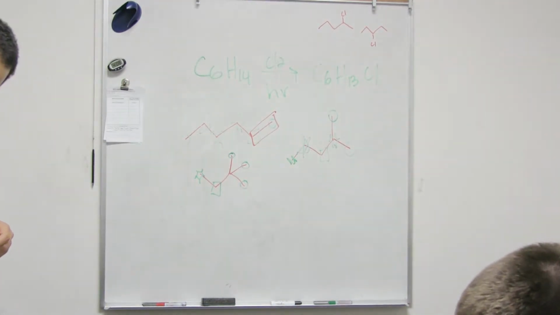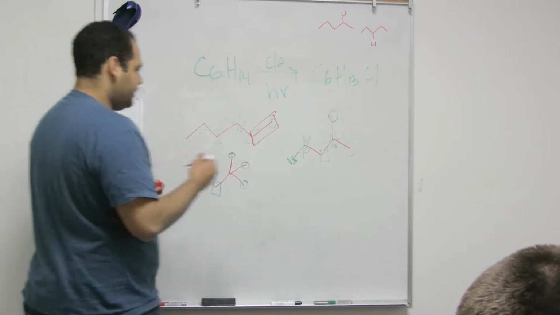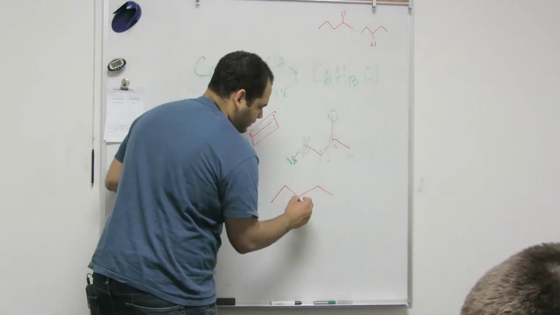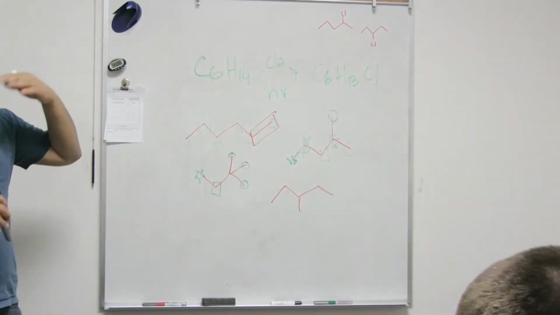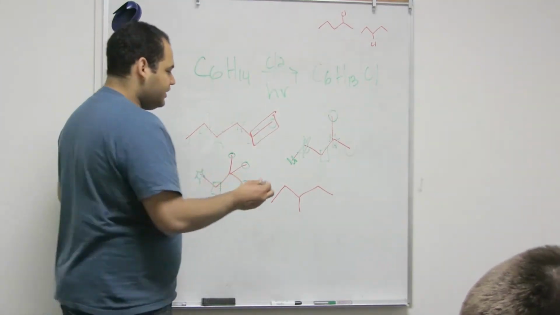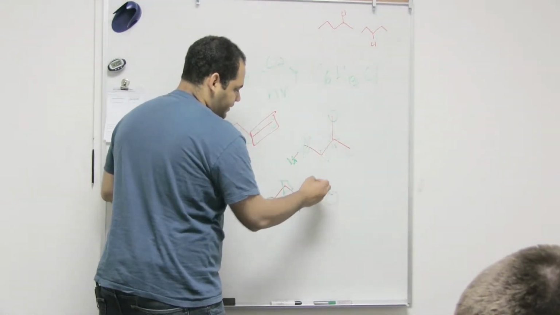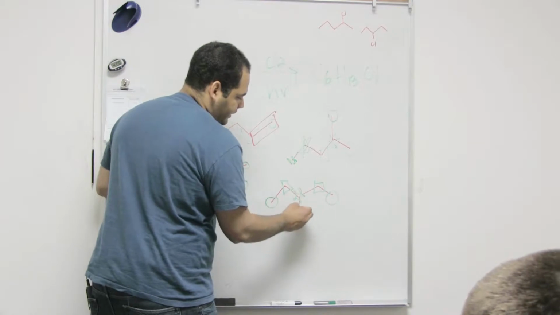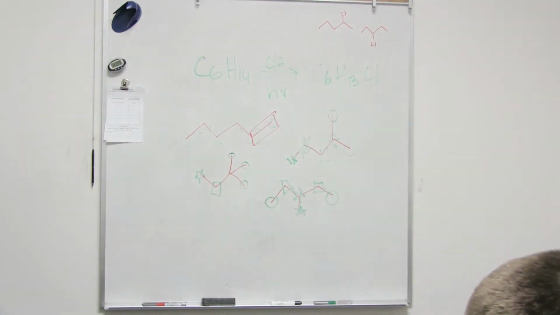And then you end up with this structure, and then we could have that structure there. That forms 4 different possibilities. It's just like playing kind of plug and checking. These are the same, this guy and then this guy. So then I have my 4 different constitutional isomers there.